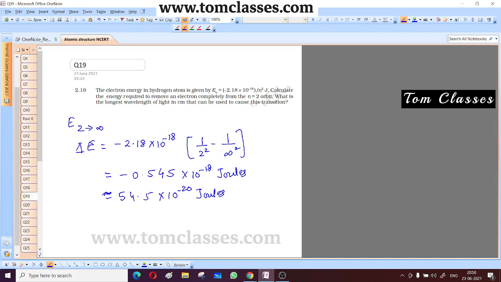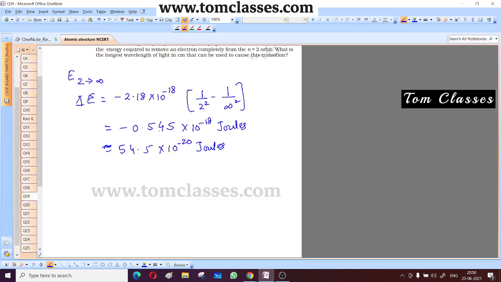The energy required to remove an electron has been answered. What is the longest wavelength of light in centimeter that can be used to cause this transition? That is hc by lambda, equal to 54.5 into 10 to power minus 20 joules.